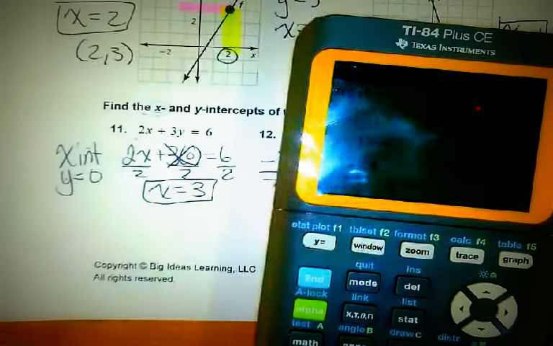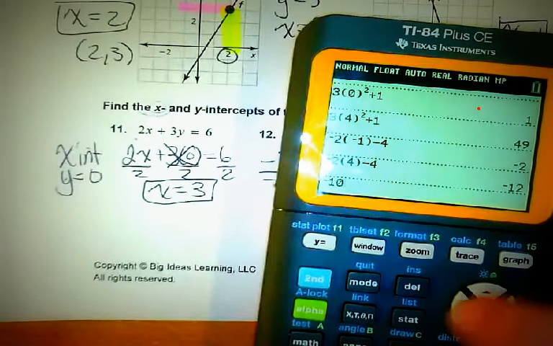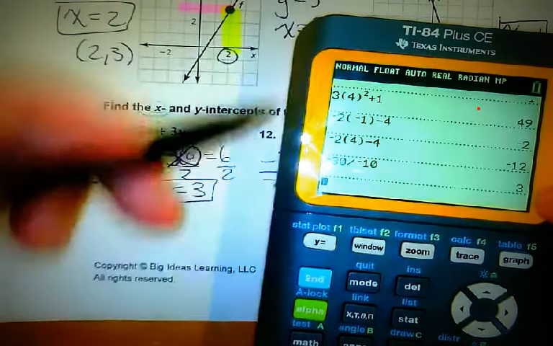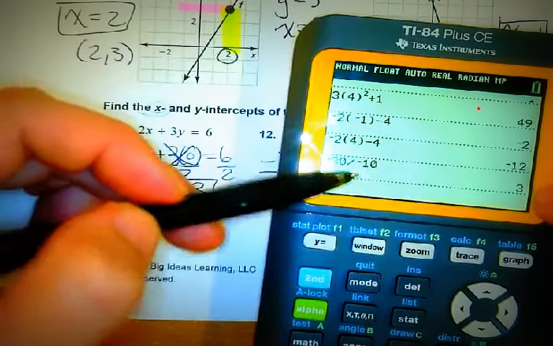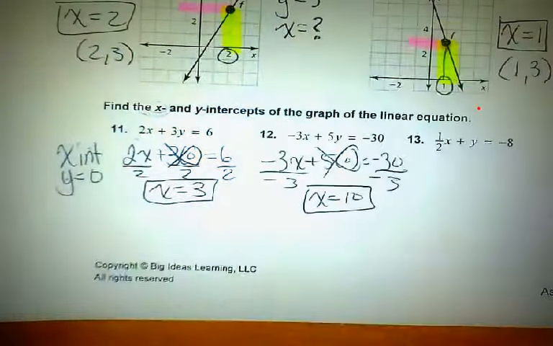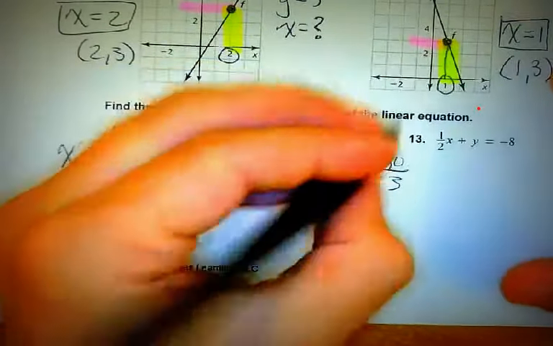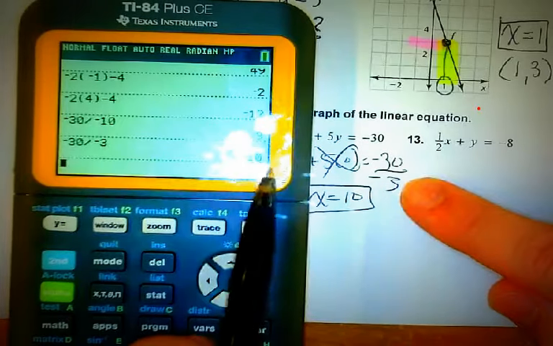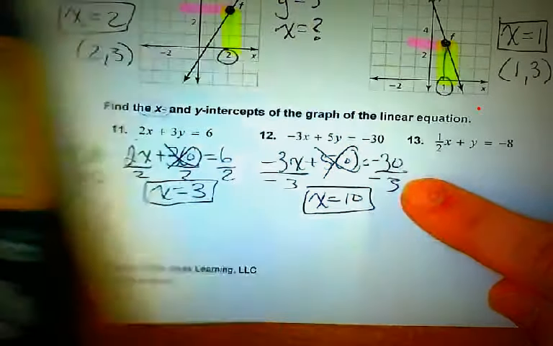And this, of course, is because negative 30 divided by negative 3 gives you that positive 10 we were looking for.